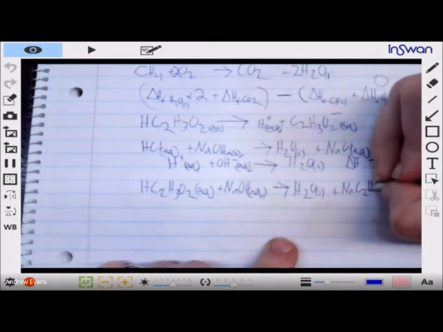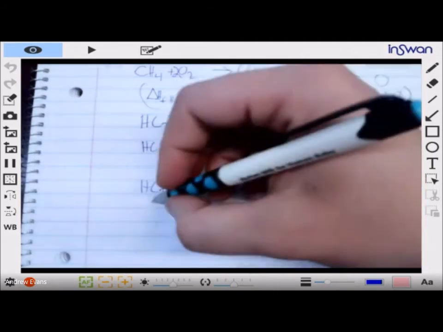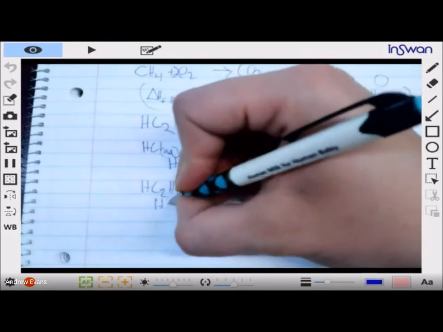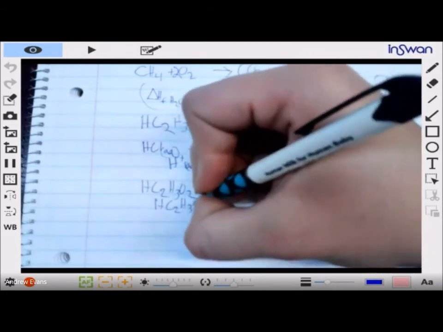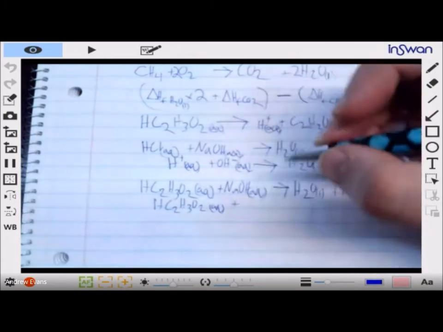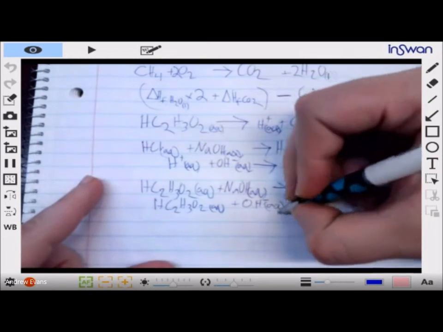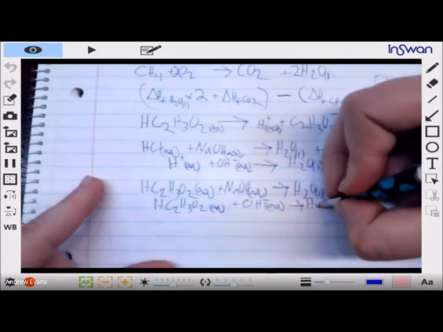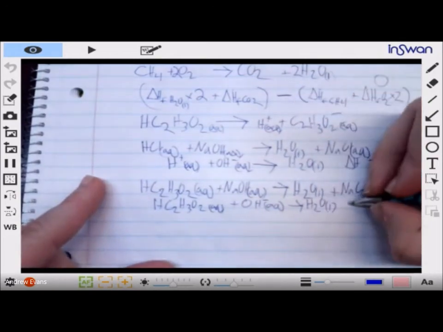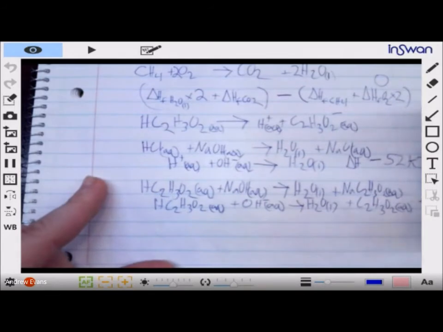Because of the nature of the weak acid, it actually simplifies to this: HC2H3O2 aqueous plus OH minus goes to water and C2H3O2 minus. Now, we'll just say hypothetically this is negative 48 kilojoules.